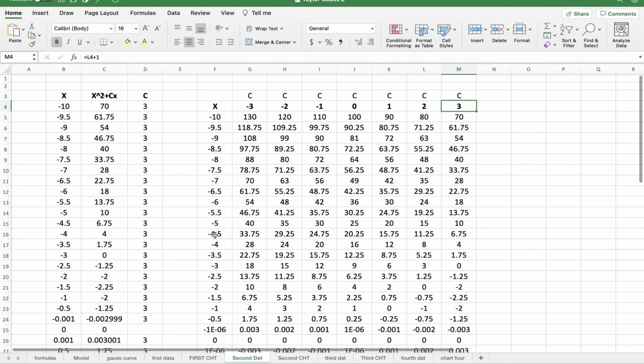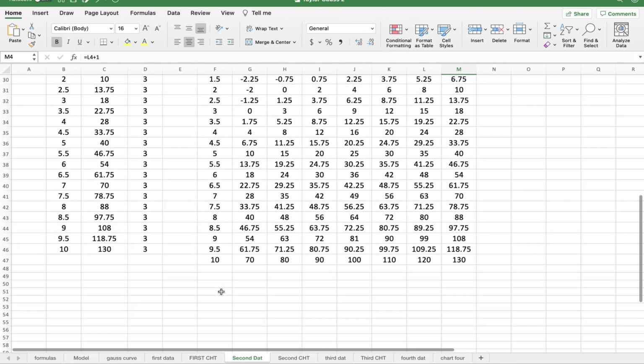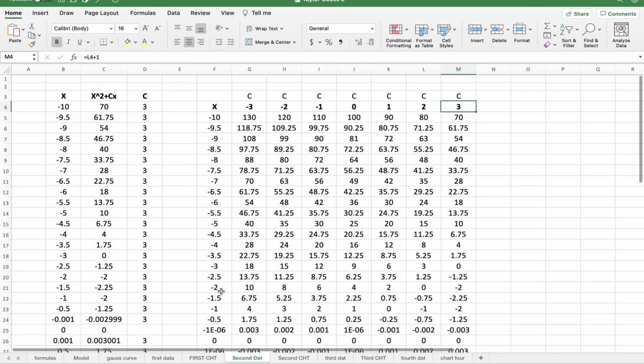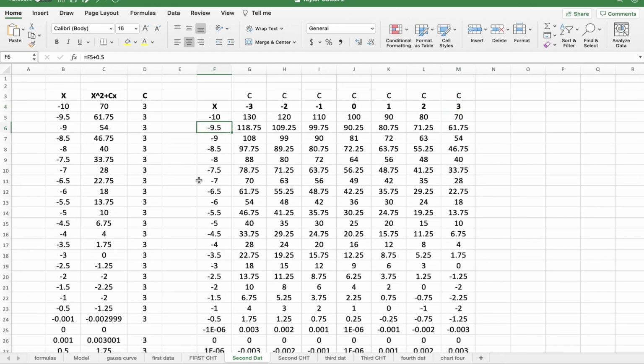I plotted between minus 10 and positive 10, given a half, 1/2 of an interval. Okay, so each point that I plotted was 1/2 of an interval on the x-axis.